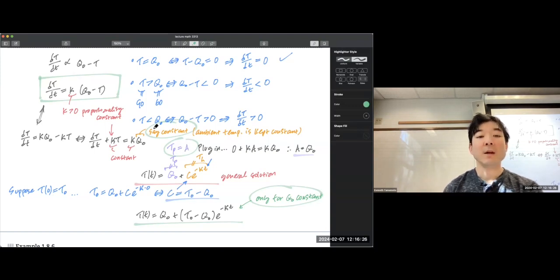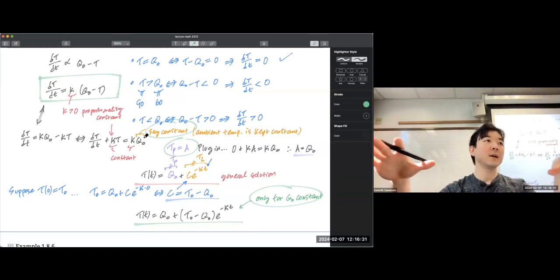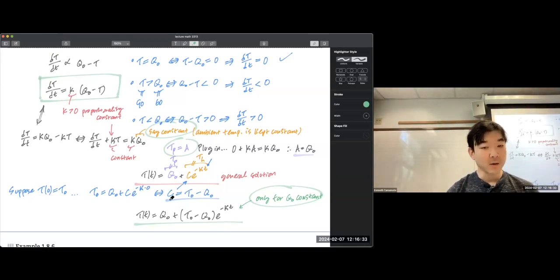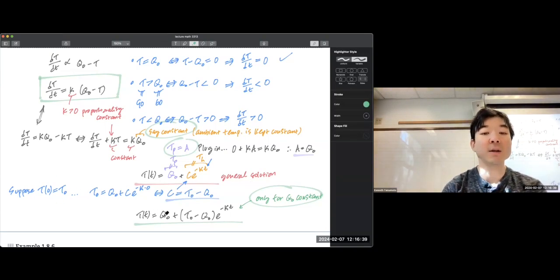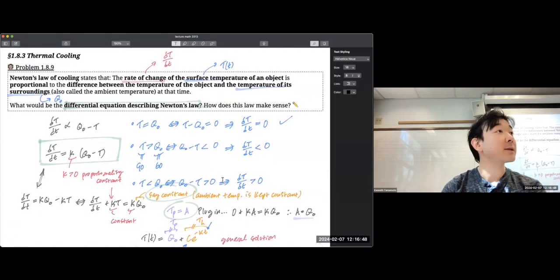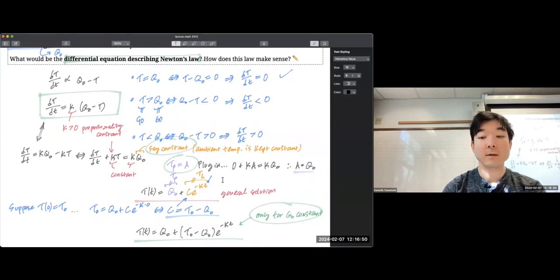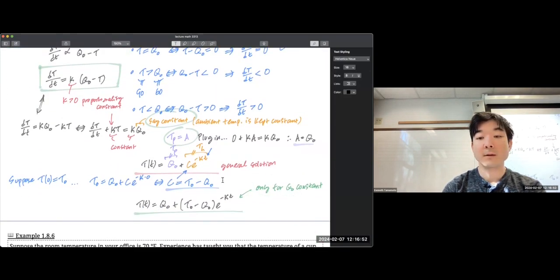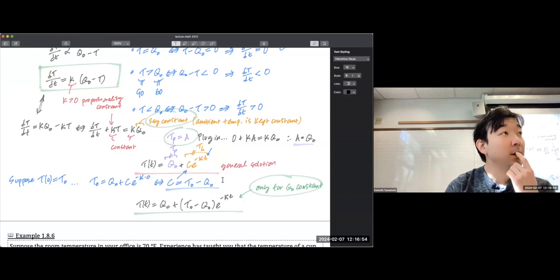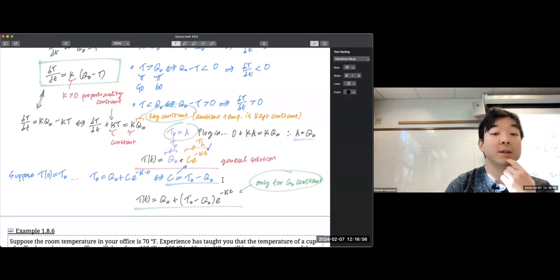So if you can assume that you're keeping your surrounding temperature fixed, then all of this works and you'll get that this is the solution given also this initial condition. And not all situations will be like this, so you want to make sure that you are careful about that. So, in other words, only when Q naught is constant, only when the surrounding temperature is constant. Yes, yeah, when the surrounding temperature is constant.